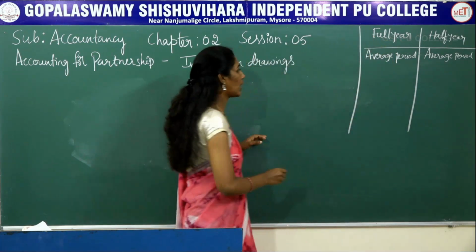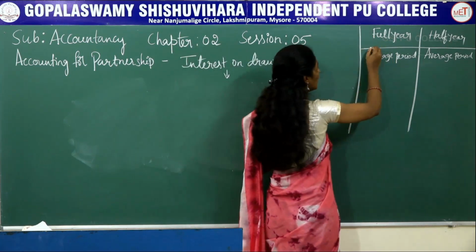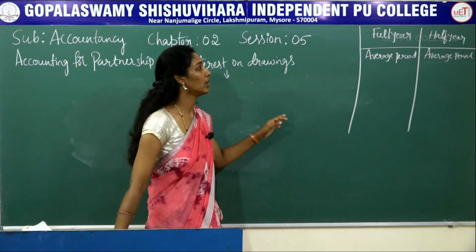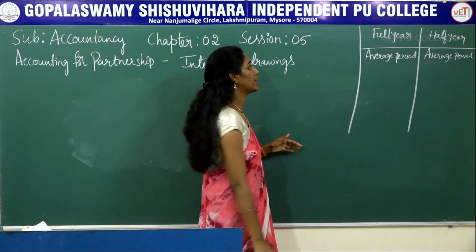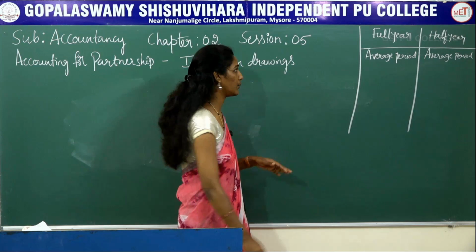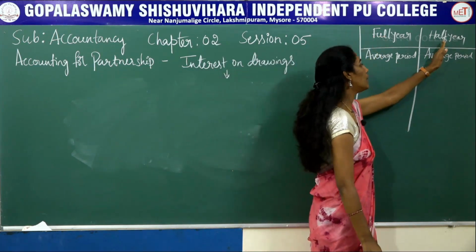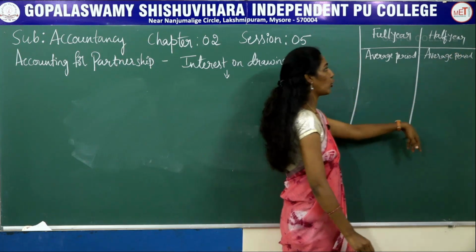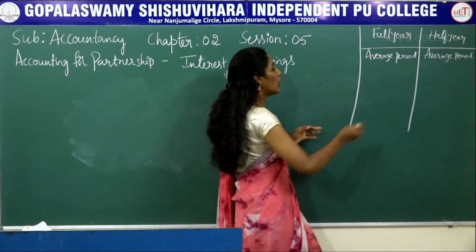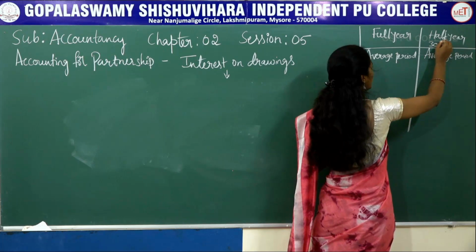Usually books of accounts are closed on 31st March of every year and begin from 1st April. So that is called a full year. Whereas companies' books of accounts can be closed half yearly, so on 30th September.